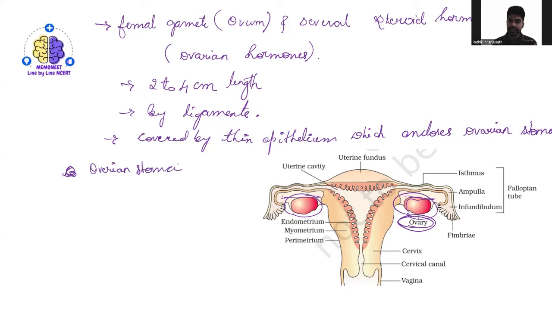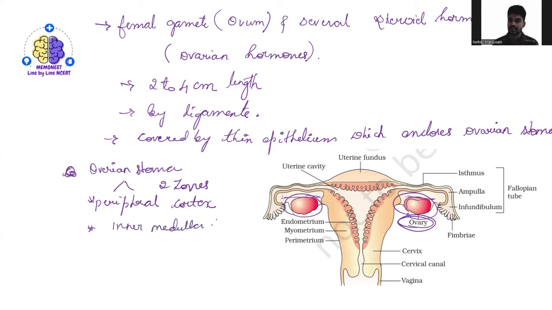The ovarian stroma later gets divided into two zones. The first zone is the peripheral cortex, and the second zone is the inner medulla.